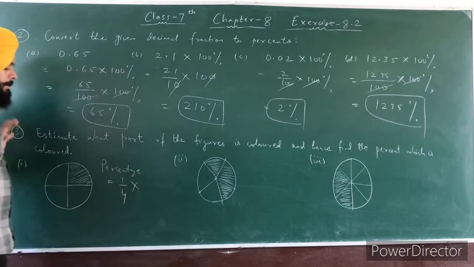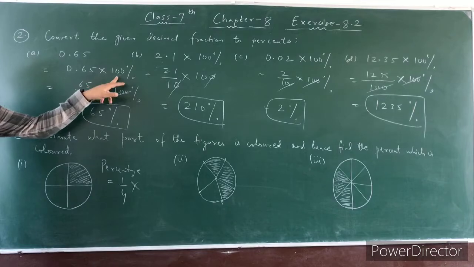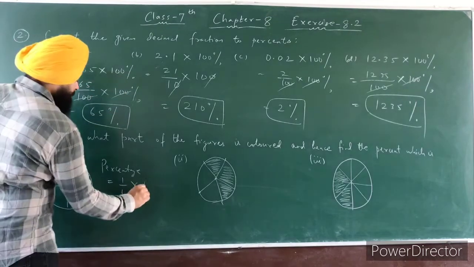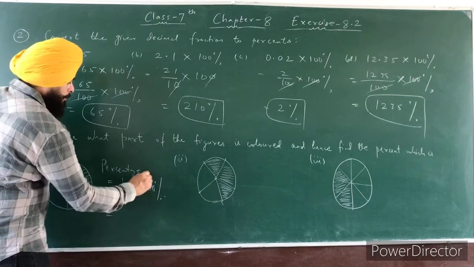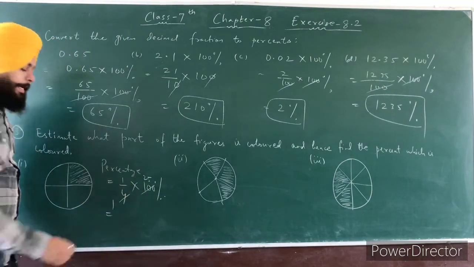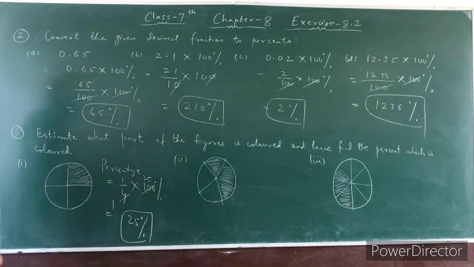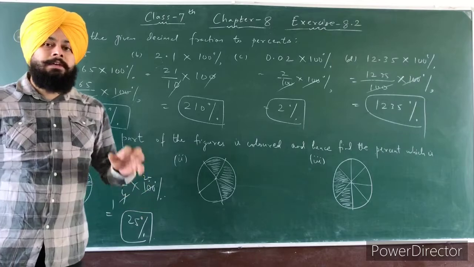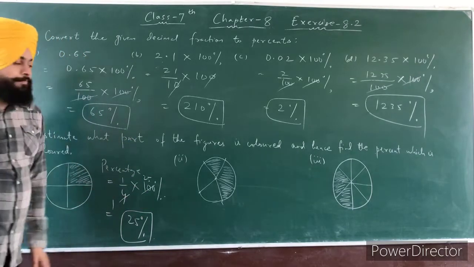Now when you convert this 1 by 4 into percent, again you will follow the same step. Multiply with which number? 100. Now 4 ones are 4, 4 25s are 100. Now 25 ones are how much? 25. So we take 25%. It means 25% is shaded among all these 4 parts.